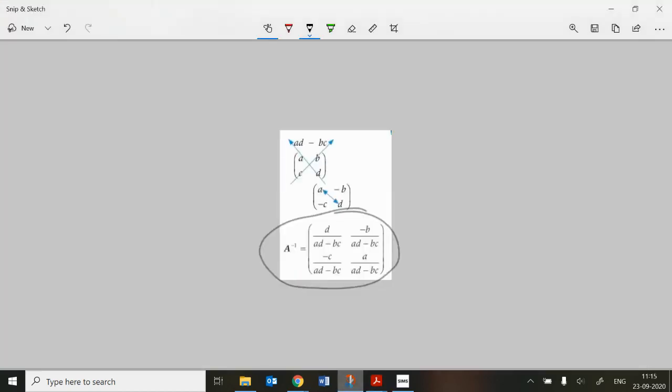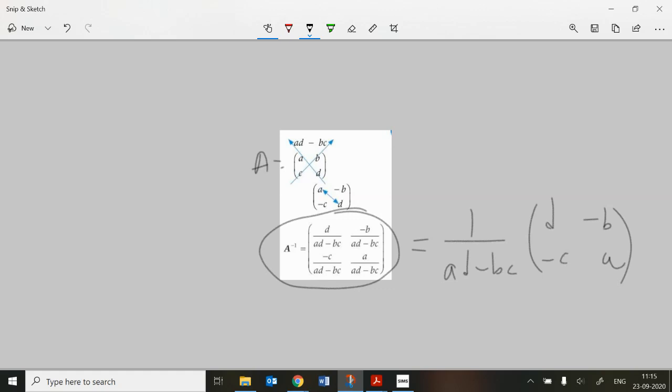Again, we look at this and you can see all they've done is factorize out this thing here. They've said this is equal to 1 over AD minus BC, and we're left inside with the A and the D swapping around from our original matrix, so that's D and A. The B and the C stay where they are, but you take the negative of both.